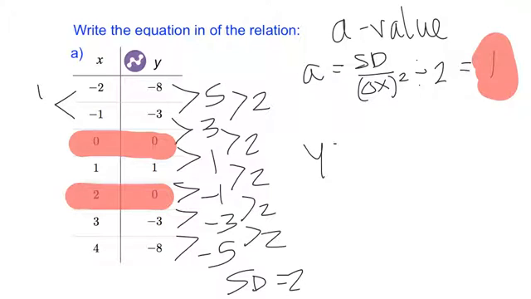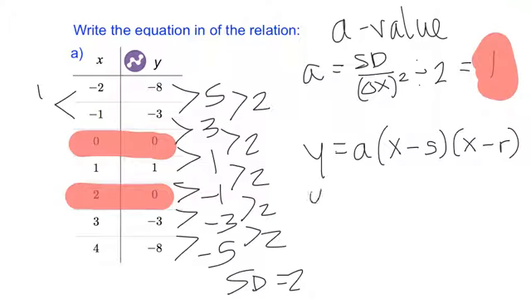I'm going to write y equals 1. That's the a value. I'm going to start from the beginning, in that we have y equals a, x minus s, x minus r. That's normally how we write it in factored form. S and r represent the zeros.